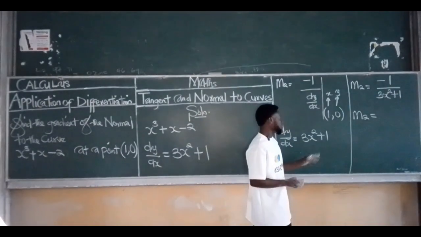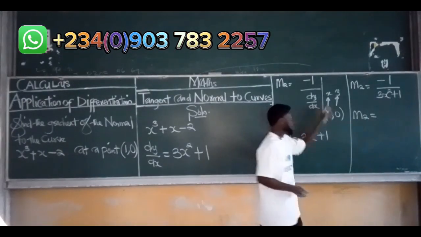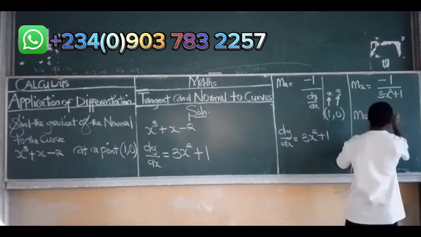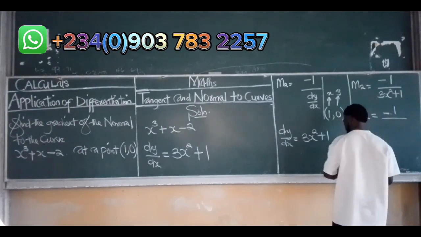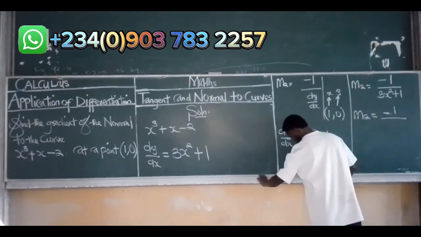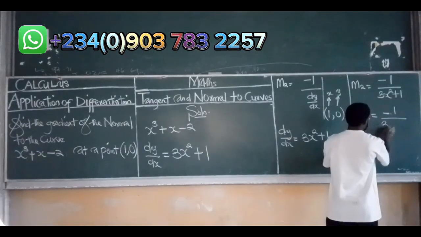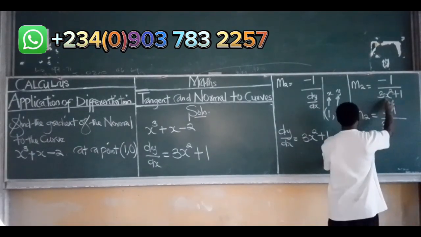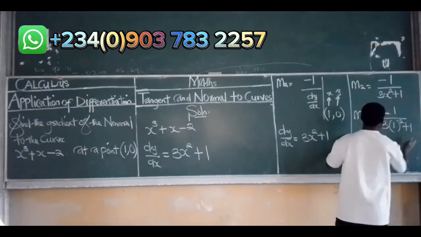So that is to say, we are going to make use of 1, which is that for x, and it becomes minus 1 all divided by 3, bracket open, x is 1, 1 raised to the power of 2, plus 1.